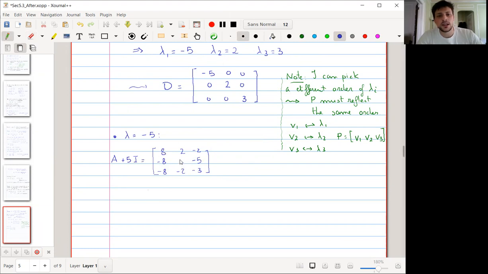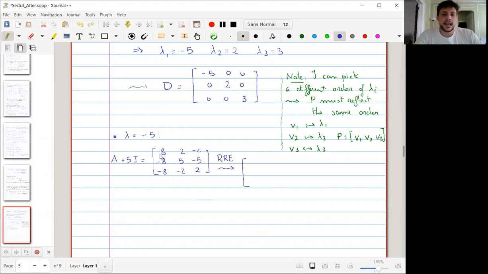We get a 5 here, there was a 0, and then -3 plus 5 becomes a 2. Now, to find eigenvectors in here, I want, as usual, to solve the associated linear system. So I will do that by doing a reduced row echelon form.